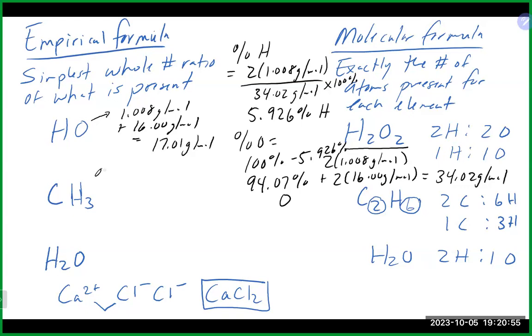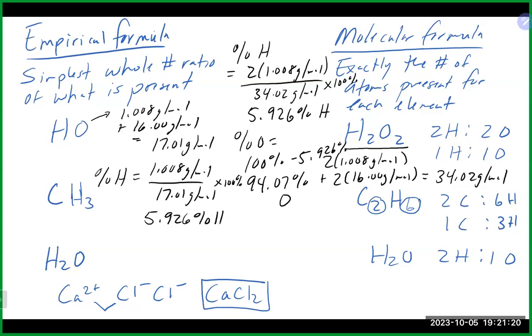So if we did the percentage of hydrogen in our empirical formula, we'd have 1.008 grams per mole divided by 17.01 grams per mole times 100%. That gives us a percentage of 5.926% hydrogen.